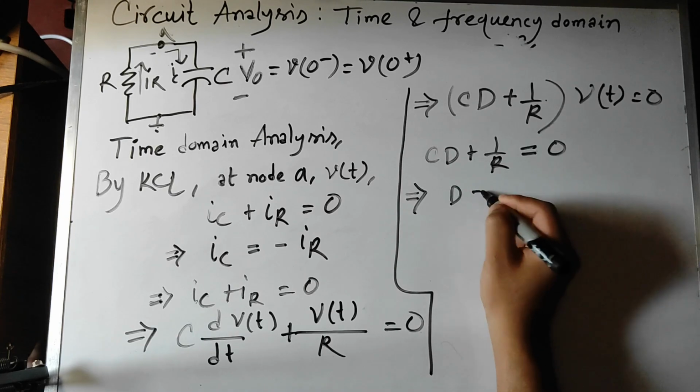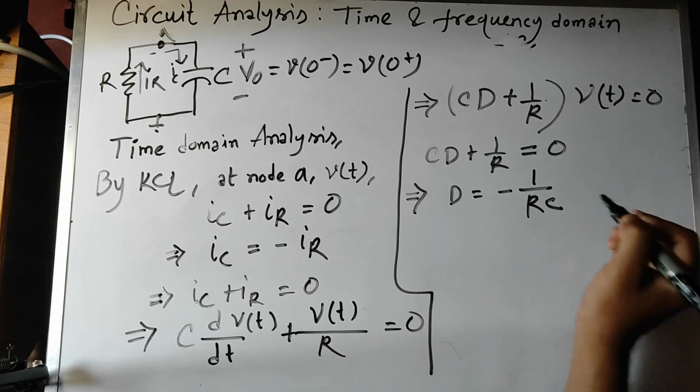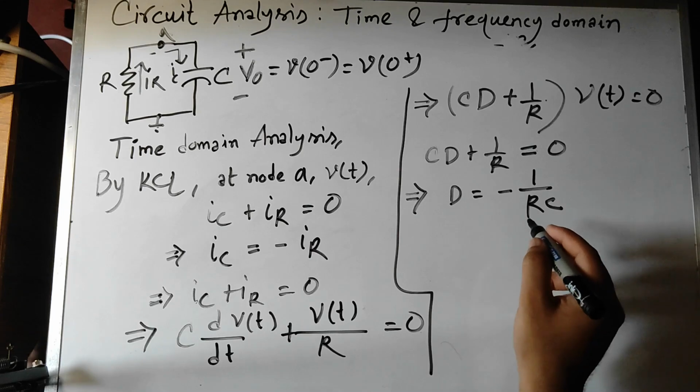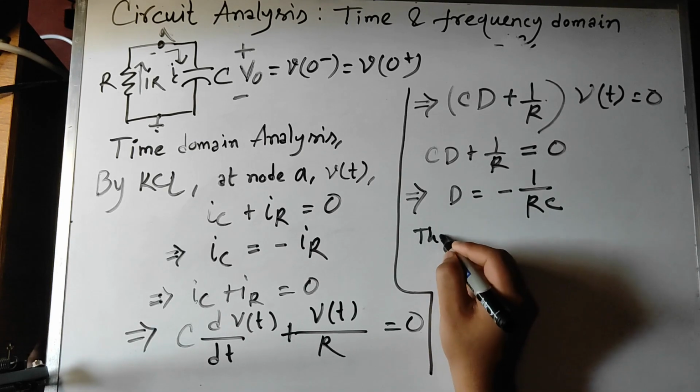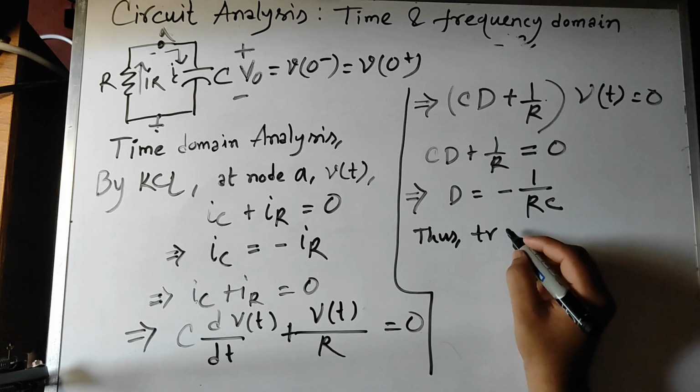Now D equals minus 1 by RC. Thus this is the complementary solution from which we can get the transient response, or the complementary part of the solution for the circuit.